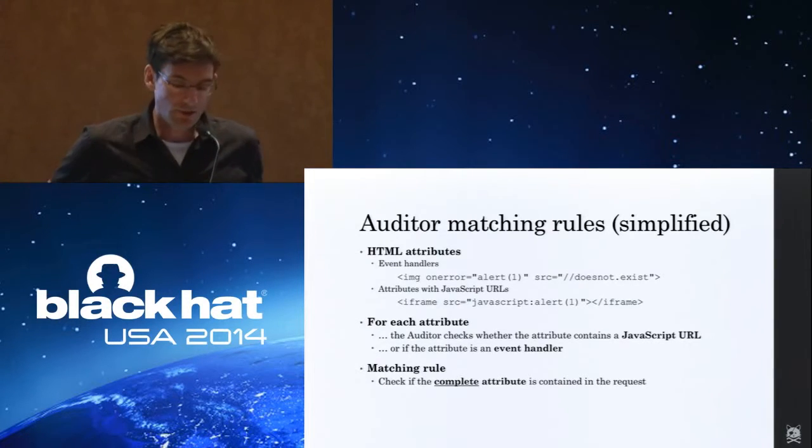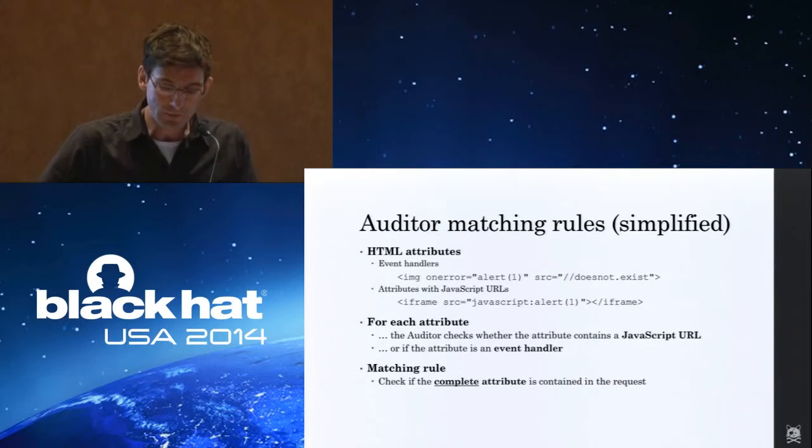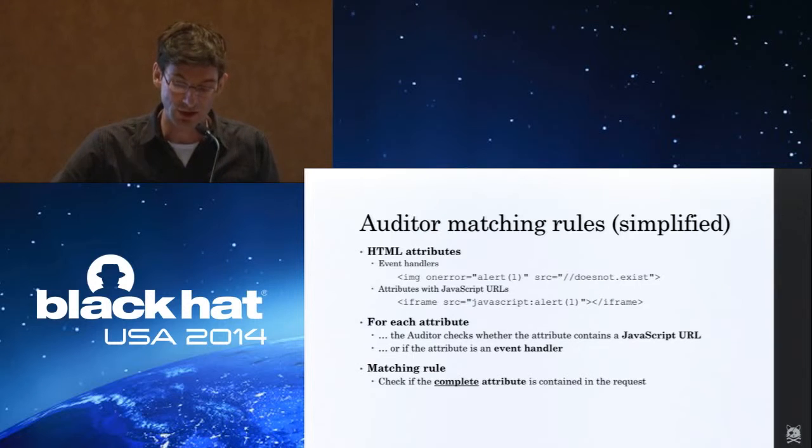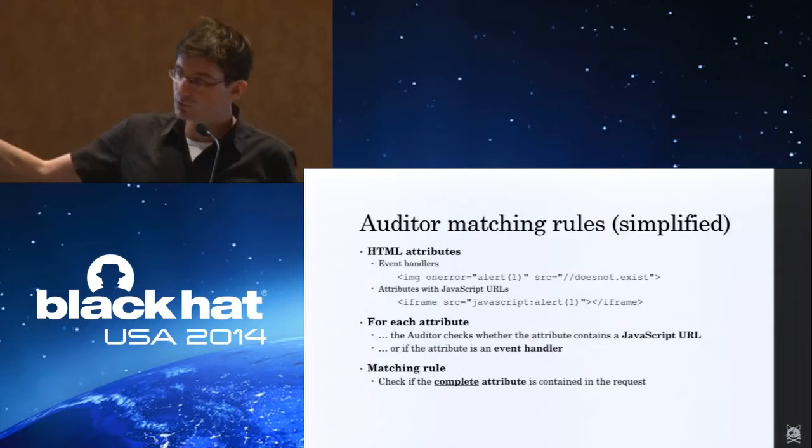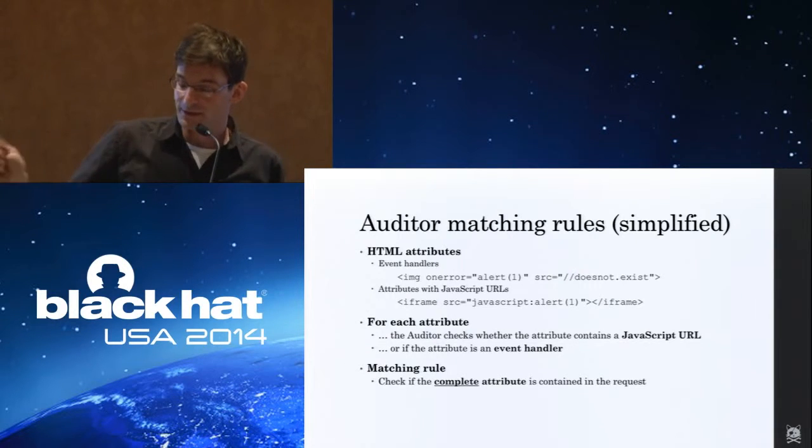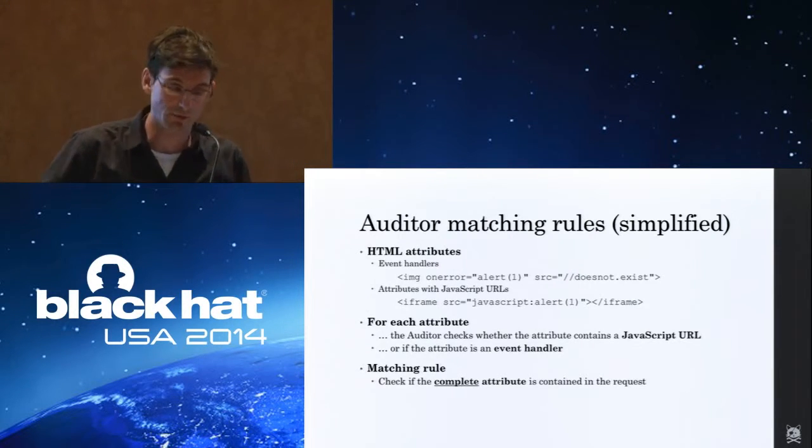And for all these attributes, the auditor checks, and here's the difference, if the attribute either contains a JavaScript URL, so in this case, the JavaScript URL itself is checked in the request, or the event handler. And the matching rule is that the complete attribute has to be contained in the request.